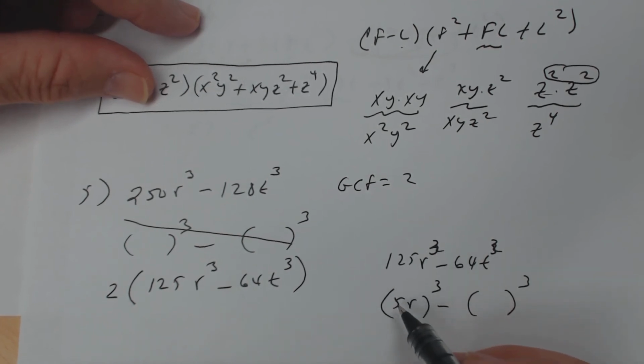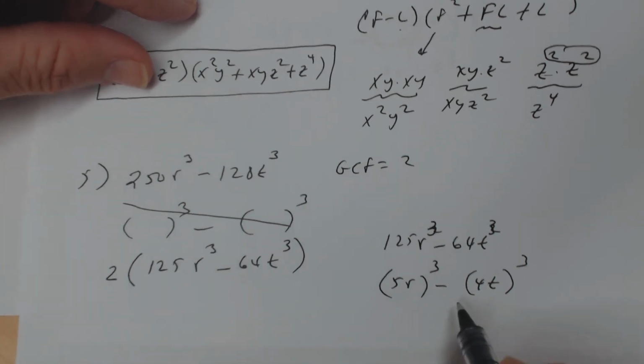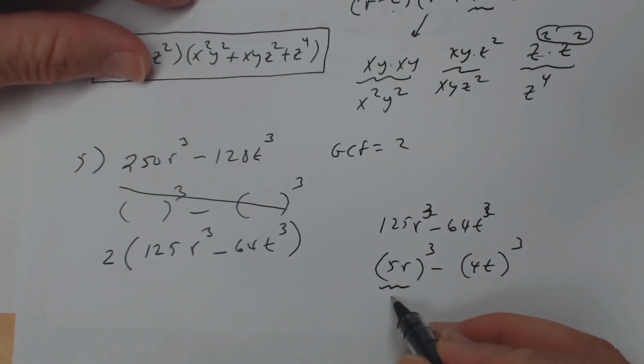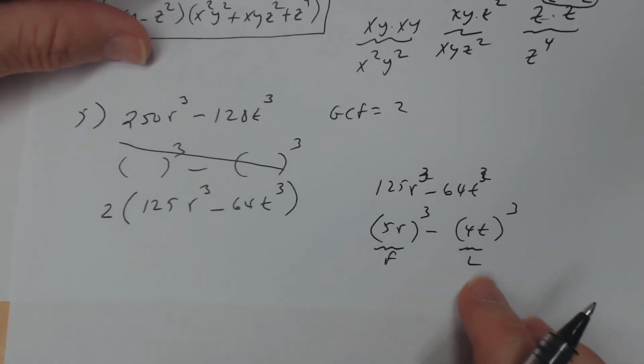Because remember, 5 times 5 is 25, and 25 times 5 is 125. Over here, that's going to be 4t, because 4 times 4 times 4 is 64. t times t times t is t cubed. So this is the difference of 2 cubes. So here's your F, and here's your L.